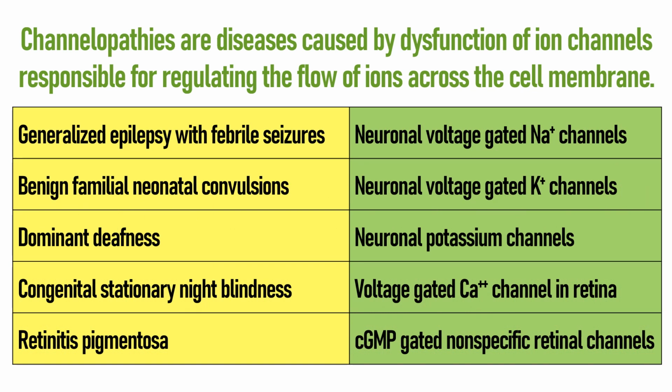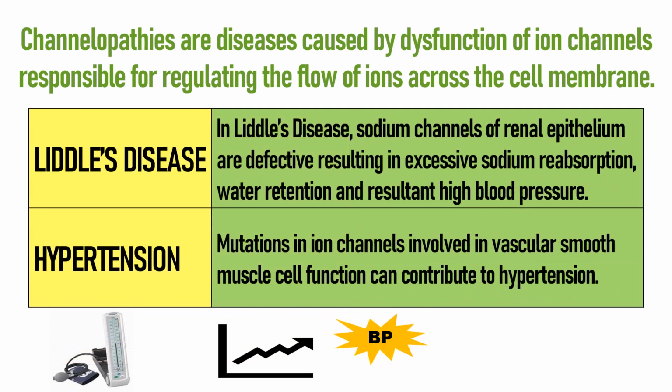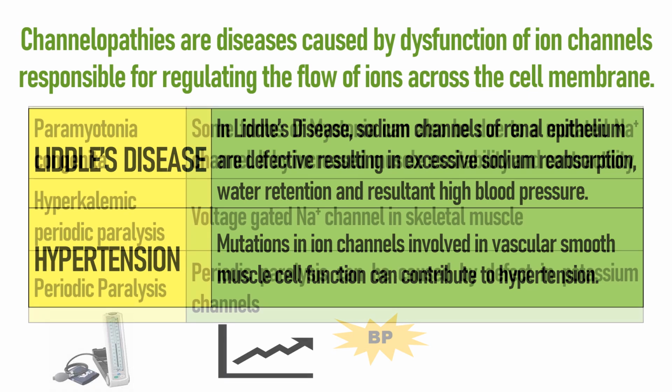Abnormalities in neuronal voltage-gated sodium channels, neuronal voltage-gated potassium channels, and voltage-gated calcium channels in the retina can cause the disorders as mentioned here, from epilepsy to blindness and deafness. Mutations in ion channels involved in vascular smooth muscle cell function and defective sodium channels of renal epithelium can contribute to hypertension due to excessive sodium retention and other abnormal physiological processes.